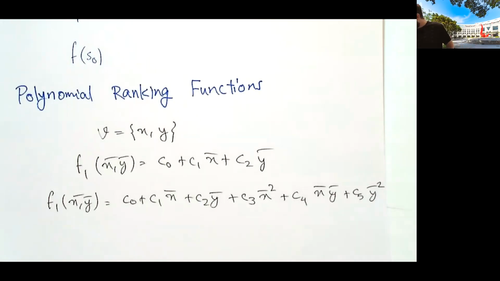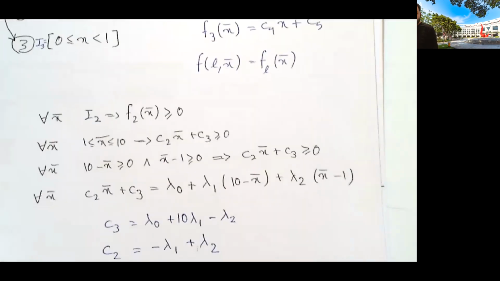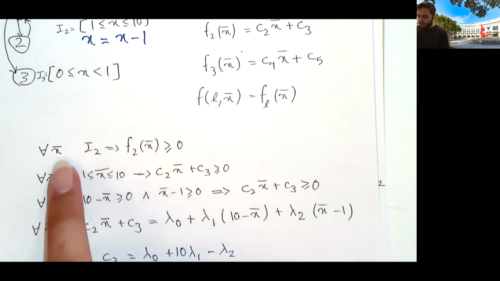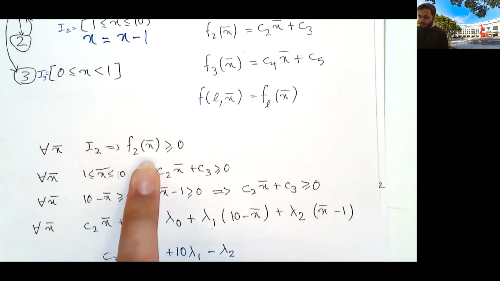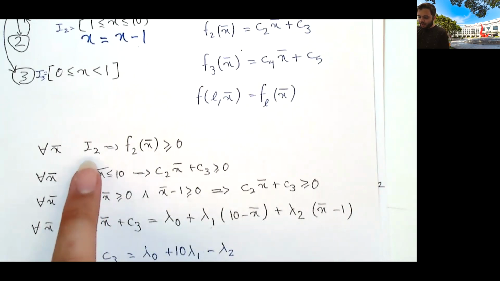Okay, the thing that happens is that we can do the exact same thing that we did before with the linear case. So we can first write these constraints that should hold in order for f to be a ranking function. But the difference is that before we had constraints that were linear on both sides.